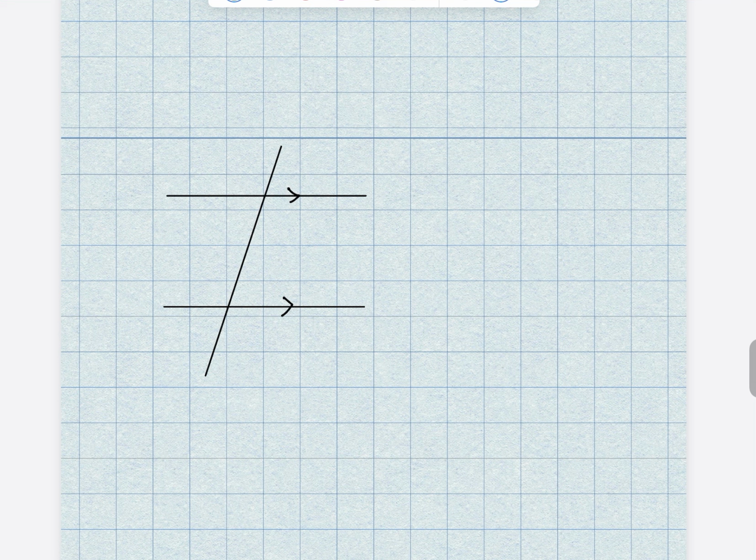So alternate angles. Remember last time I said that corresponding angles are also called F angles. So alternate angles, in brackets, Z angles. Right.